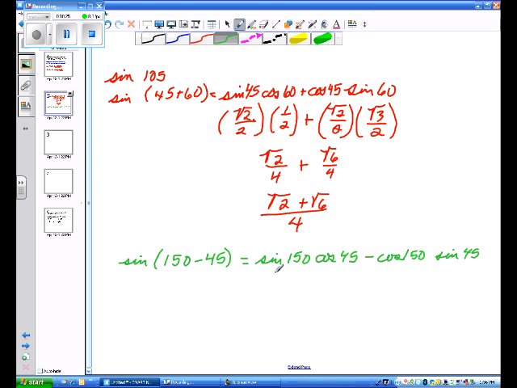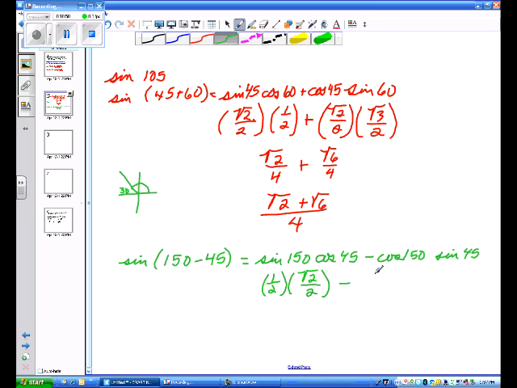Okay, 150. For 150, our reference angle is 30 degrees. So we work it out. The sine of 30 degrees is 1/2, and we're in the second quadrant, so the sine is positive. The cosine of 45, square root of 2 over 2, first quadrant, positive.